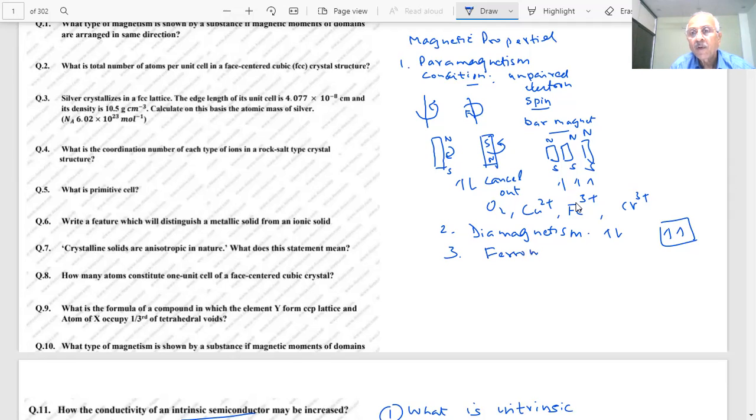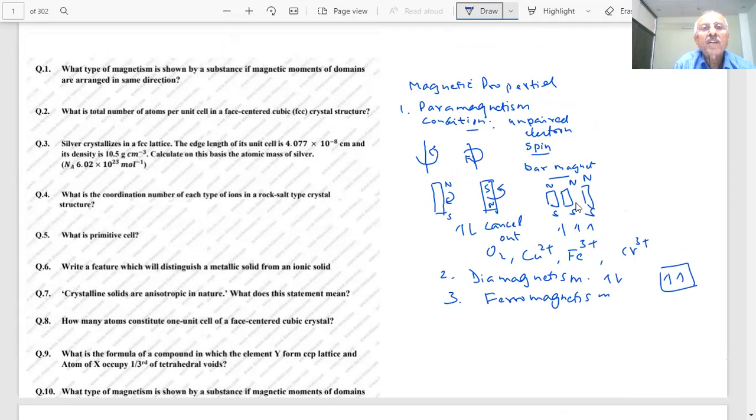What is the third one? Ferromagnetism. What happens in ferromagnetism, student? They are strongly attracted by the magnetic field, and each is a tiny permanent magnet, like a domain. When all these are aligned in the same direction, student, the question here is: what type of magnetism is shown by a substance in which magnetic moments of domains are arranged in the same direction?